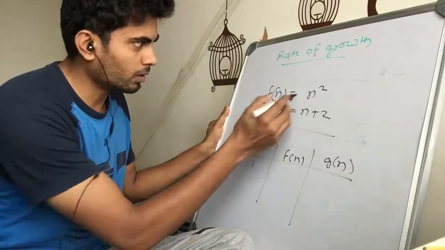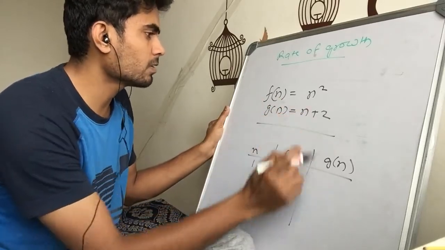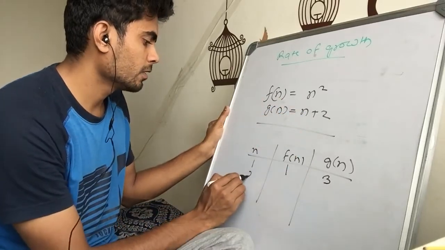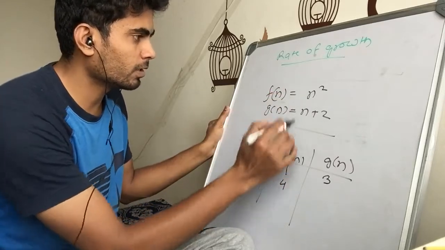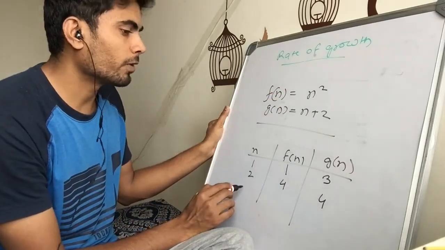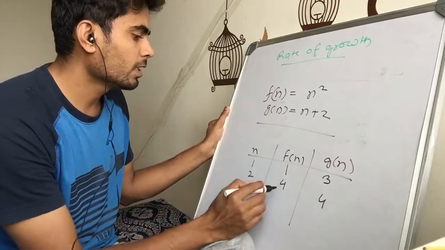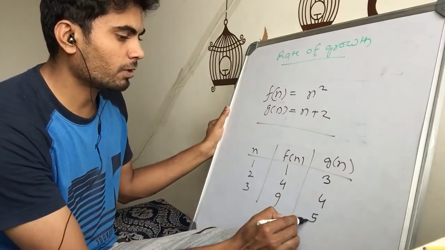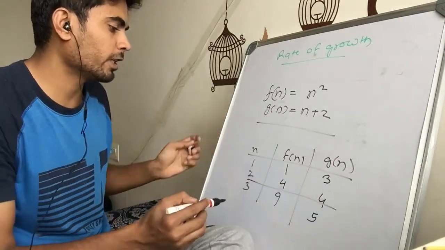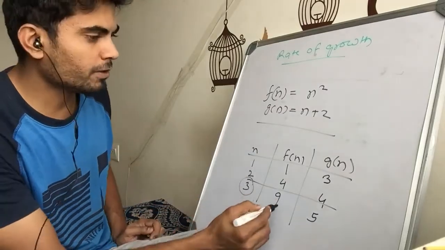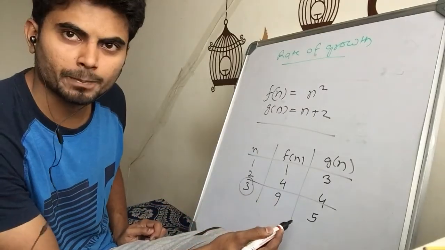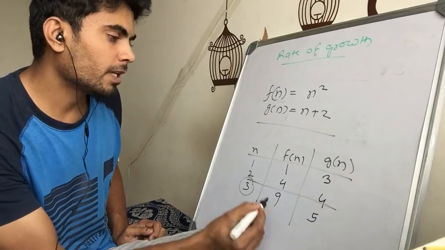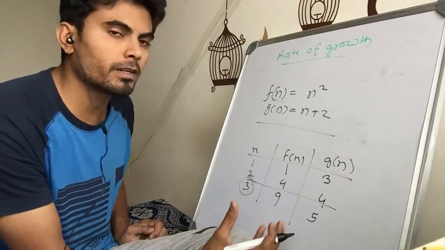For n equals 1, f(n) is 1 but g(n) is 3. For n equals 2, this is 4 and this is also 4. For n equals 3, this is 9 but g(n) is 5. So at n equals 3, f has a bigger value than g. What does it mean? That f is growing at a faster rate than g.